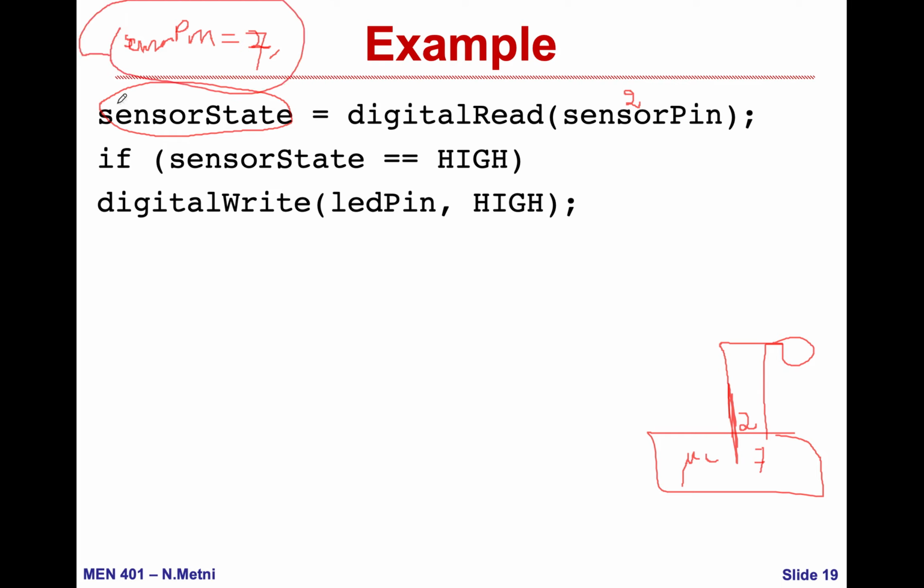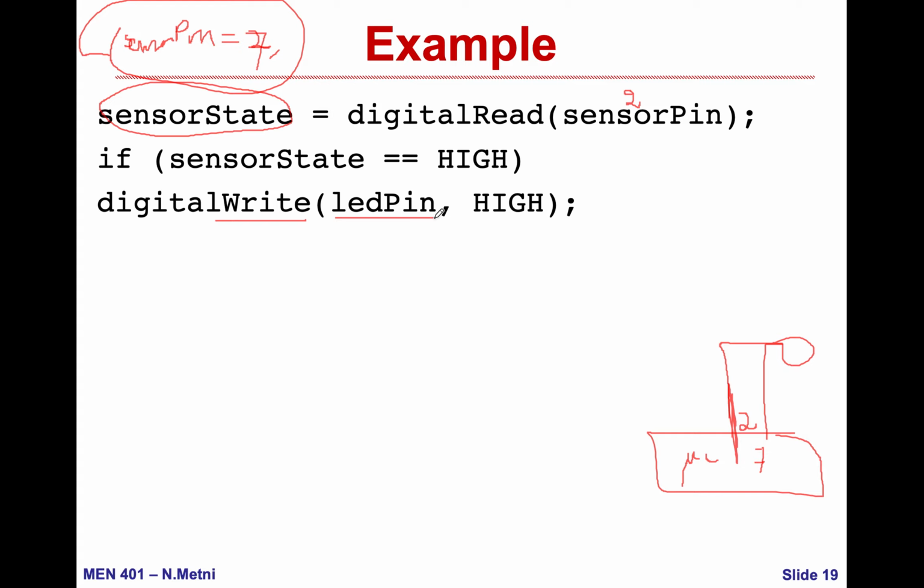So sensor state is equal to digital read sensor pin. Here I am testing whether it is high or low, and putting the state inside sensor state. And now I can do anything I want. If sensor state is equal to high, digital write LED pin high. So if the obstacle is close, let an LED be on, for example.